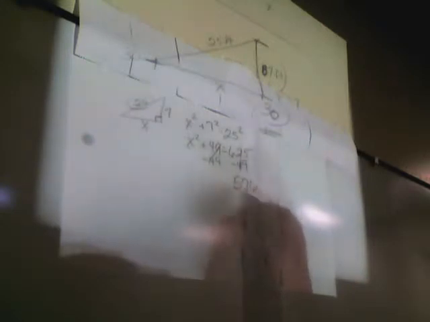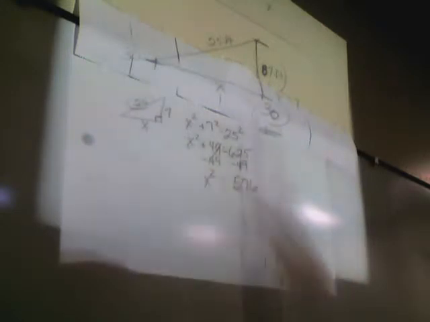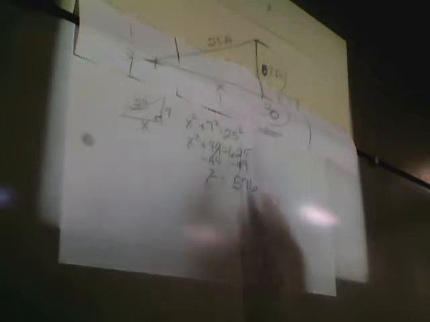Okay, so what we need to do with this is subtract our 49 to get x by itself. So 625 minus 49. 576. X squared is 576. So what's the square root of 576?